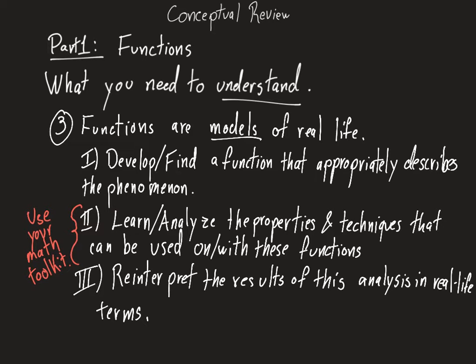And then the third step is, why did we do all of this? Well, now that we have all this information about the maxima and all that stuff, we can reinterpret all of that in terms of real life, in terms of the phenomenon that we were trying to look into in the first place, right?